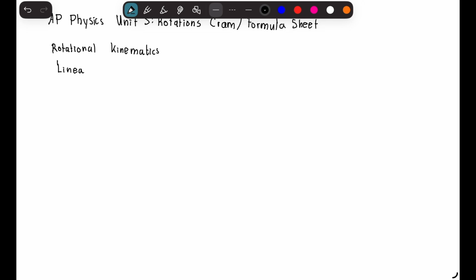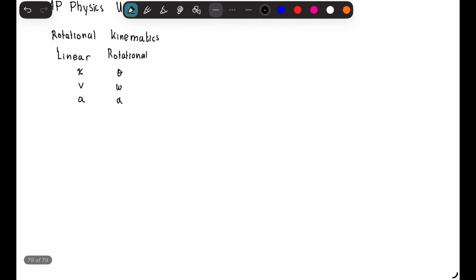In linear, we have x, v, and a. And in rotational, we have theta, omega, and alpha. So the core equations that we get from this are going to be omega is equal to... theta is equal to omega initial t plus 1/2 alpha t squared.